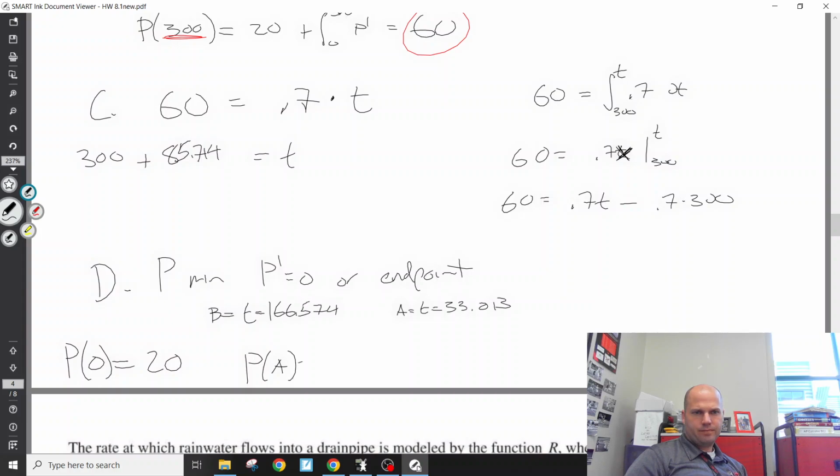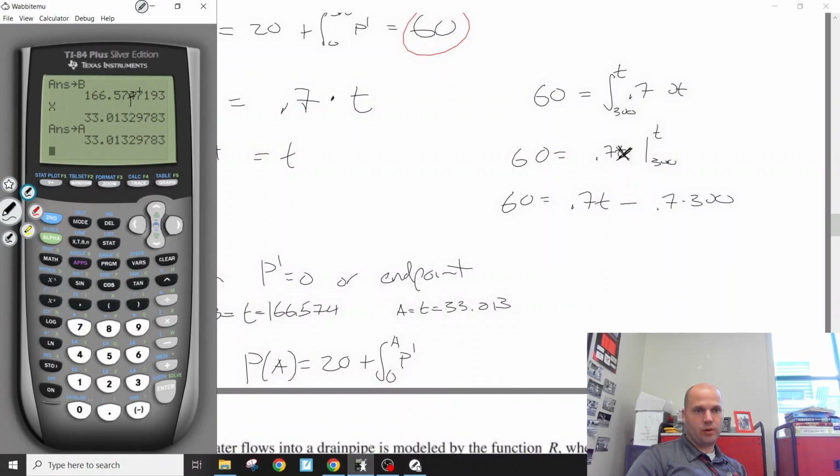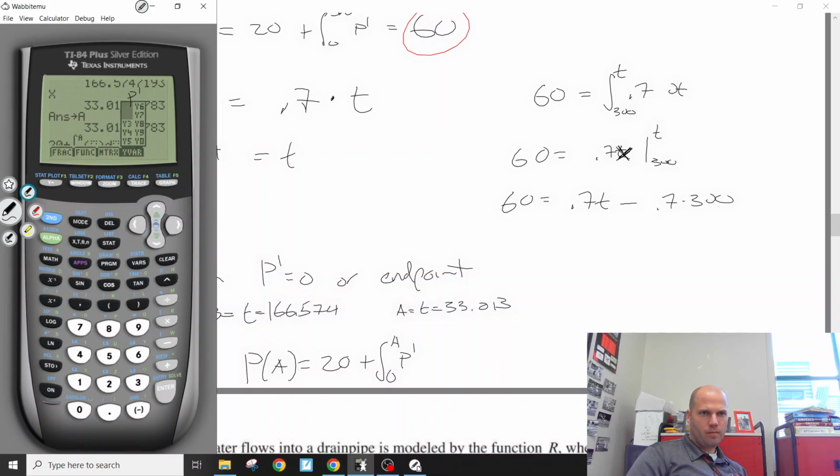P of A is 20 plus the integral from 0 to A of P prime. Honestly, I think that's the easiest way to do it. 20 plus math 9, 0 to A of P prime. P prime's Y3. You could split it up into two different ones if you want to. Oh, that's a small number.